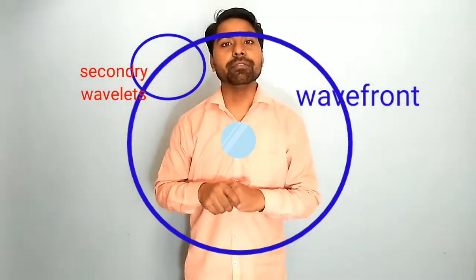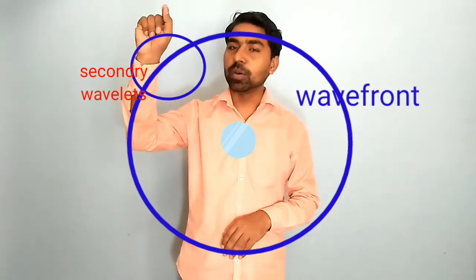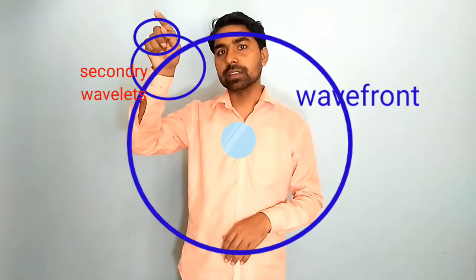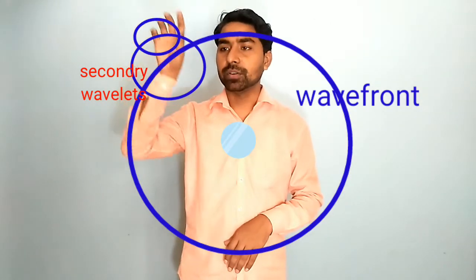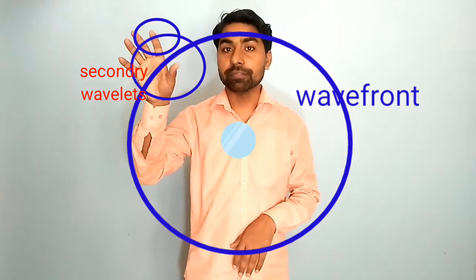Suppose one more circle around it, because it is producing the new light source. So this new circle will now be called a secondary wavelet. And again, in this circle, many points will be there, and you take any point, again a new circle. So this will be a secondary wavelet for this, and this first circle is called the wavelet.